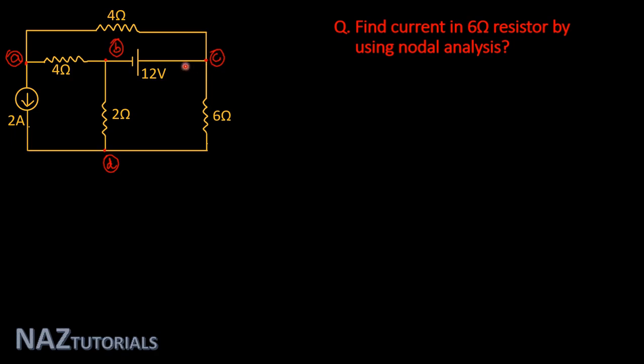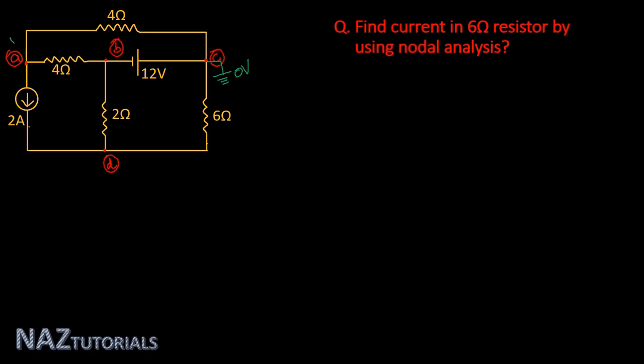So by selecting any one node as a reference node from B or C, you will get the other node voltage values by using this 12-volt voltage source. So let's discuss. Here, if you select node C as a reference node, this is at 0 volt.